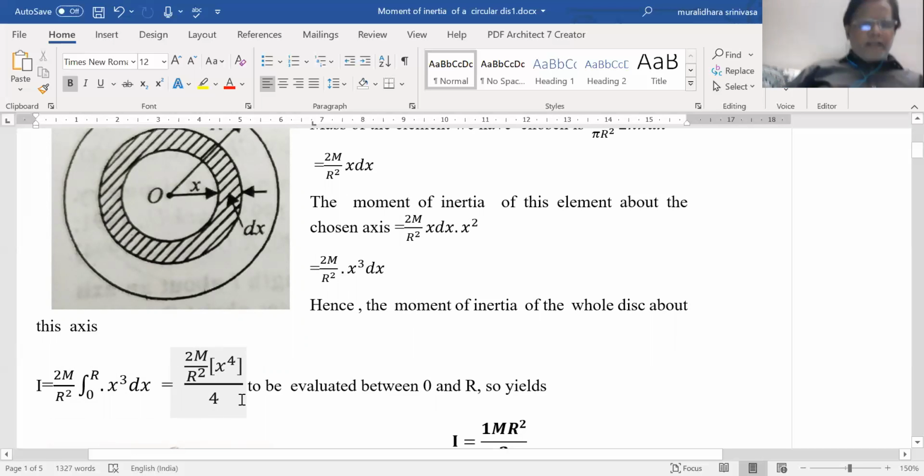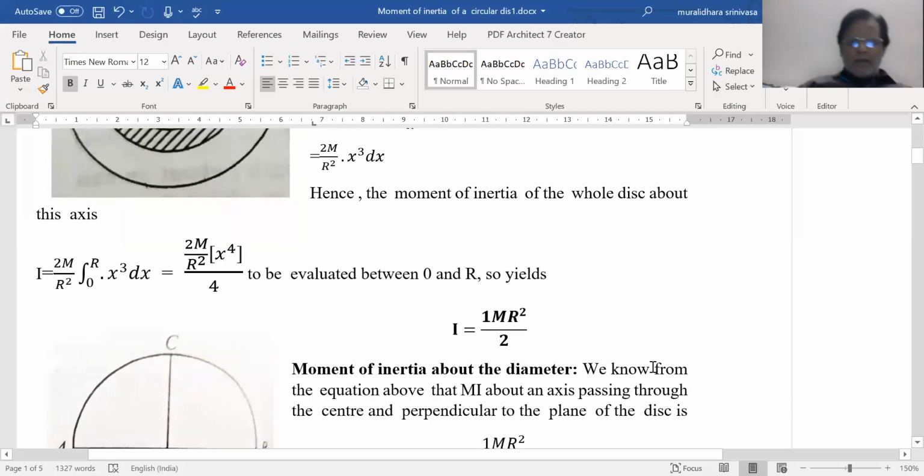Evaluating between the limits 0 and r, x to the power of 4 becomes r to the power of 4. So what you are left with is 2m r squared, with 2 in the numerator and 4 in the denominator. Therefore the ultimate expression is m r squared by 2.